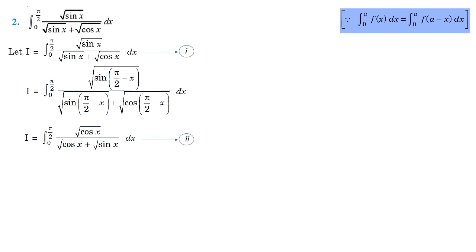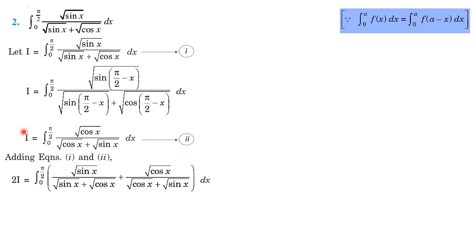Then as per the algorithm, the next step is adding equations number 1 and 2. Then I plus I, that is 2I, equals integral 0 to pi by 2, which is common in both equations, so write it outside: root sin x by root sin x plus root cos x, plus root cos x by root cos x plus root sin x.